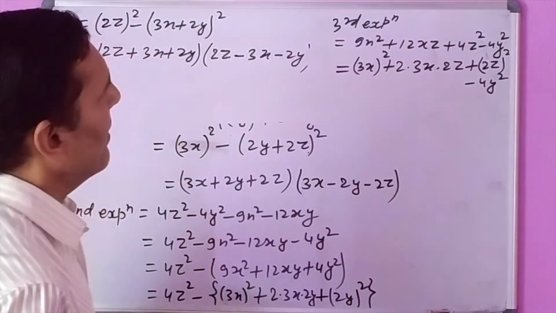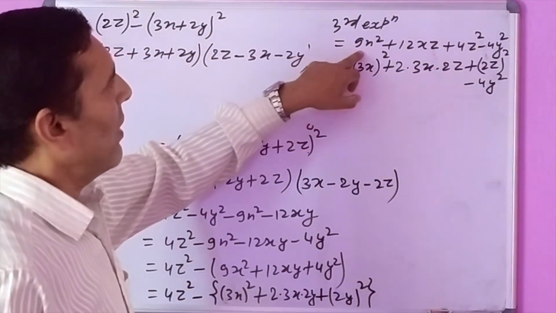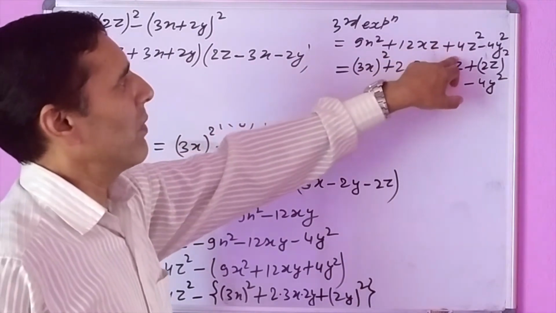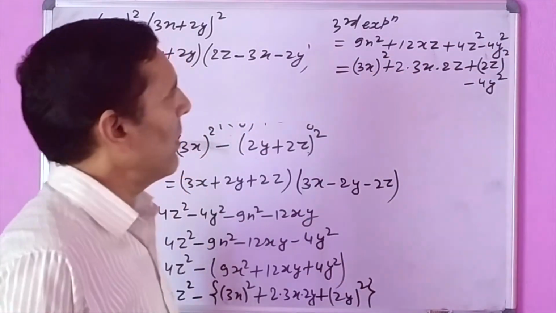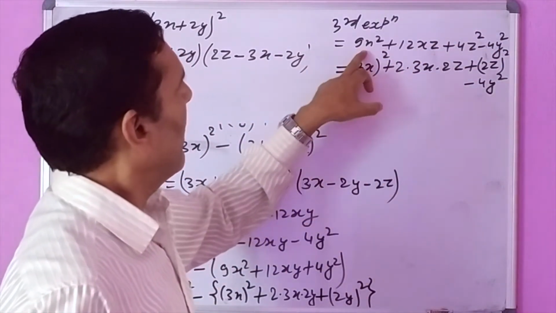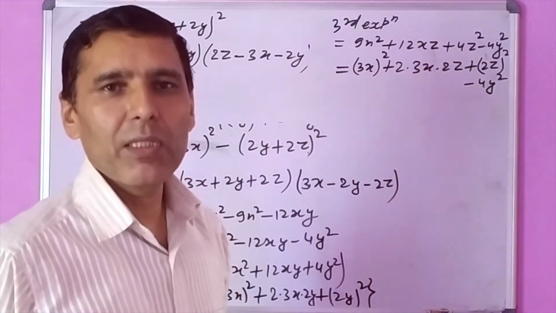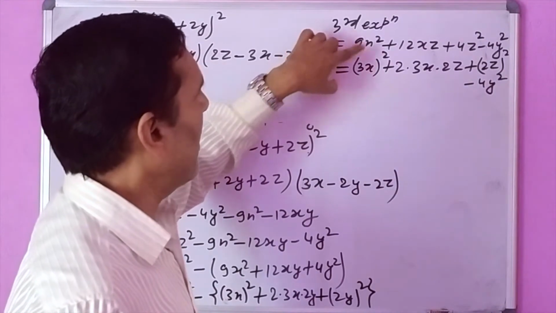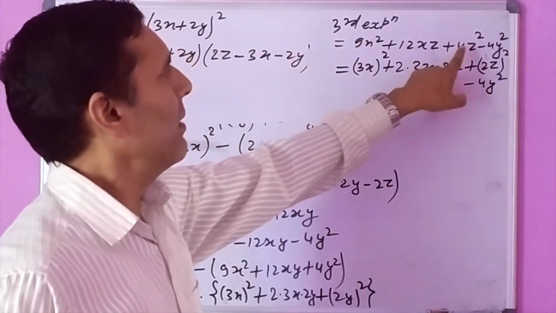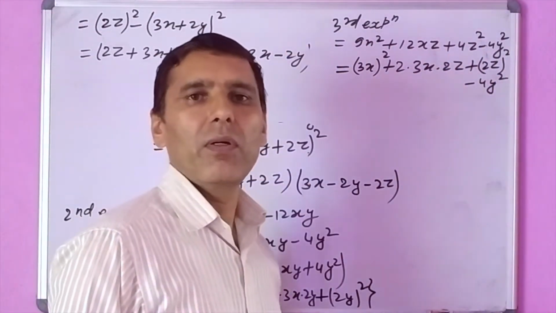So in this expression, the first three terms 9x square plus 12xz plus 4z square are completing the square, because 9x square is the square of 3x and this 4z square is the square of 2z.